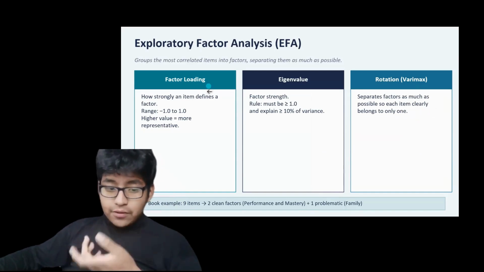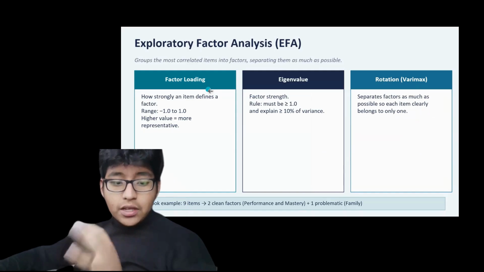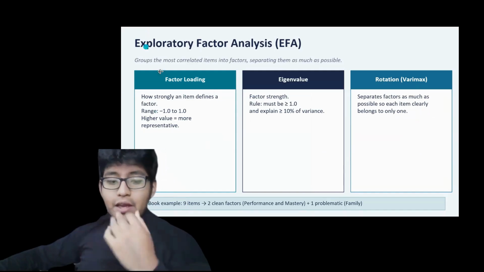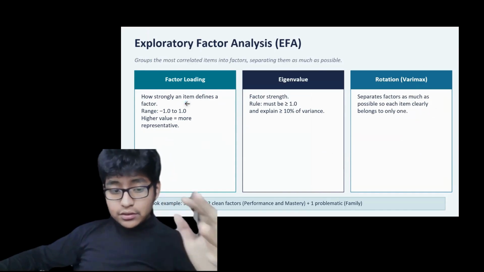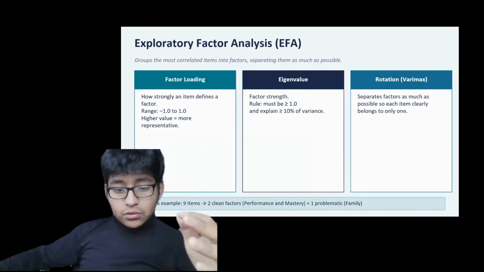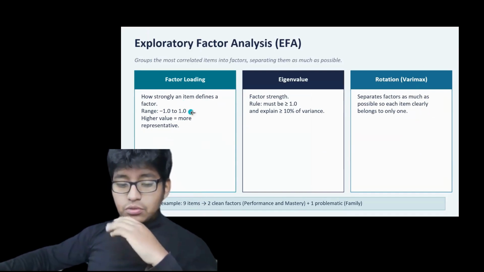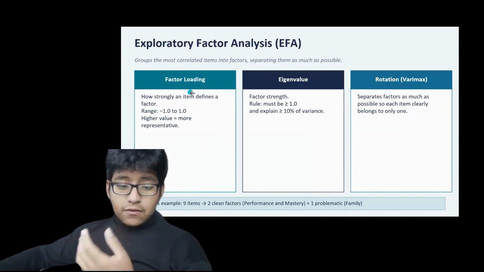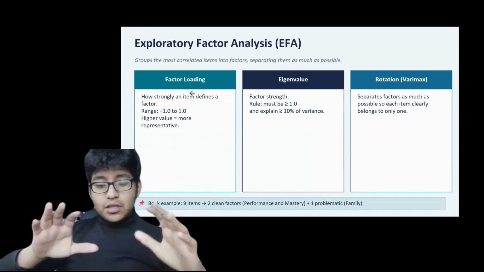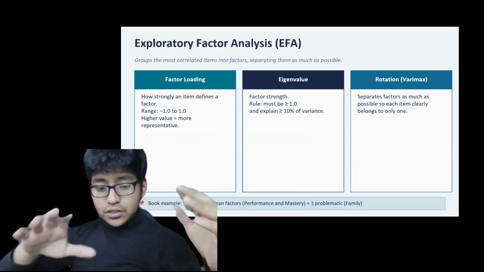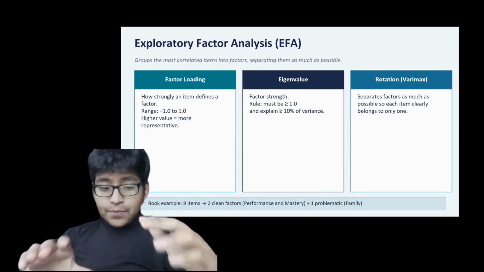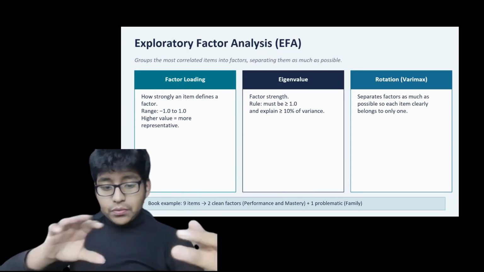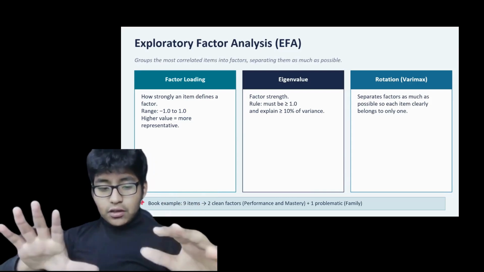Exploratory factor analysis. Now let's talk about EFA. EFA means exploratory factor analysis. This method groups similar questions together. If many questions have similar answers, they belong to the same group of factors. You also see something called factor loading.